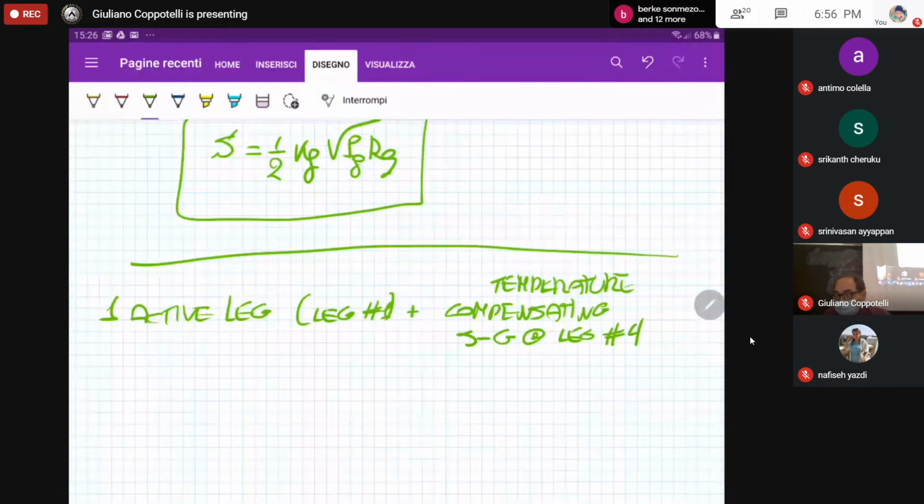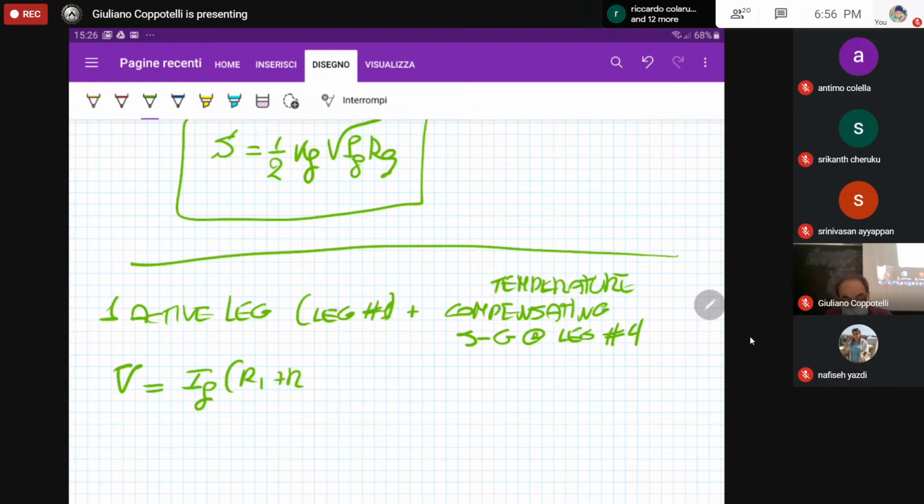Okay, so once again, what is the differential of potential that is active between legs 1 and 2, as we did before? We can say that this is equal to the electrical current flowing through the strain gauge number 1 times the sum of the two resistances R1 and R2, that is equal to 1 plus R square PG RG.